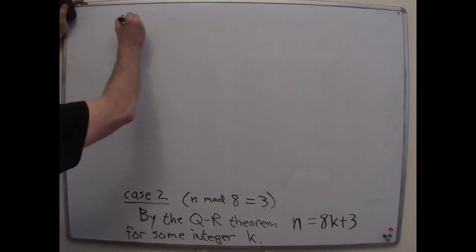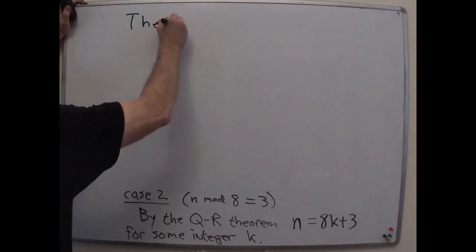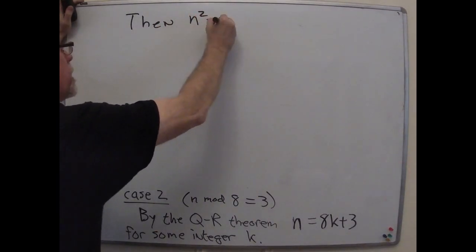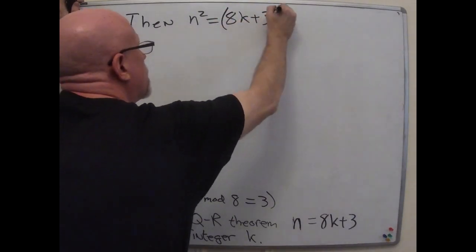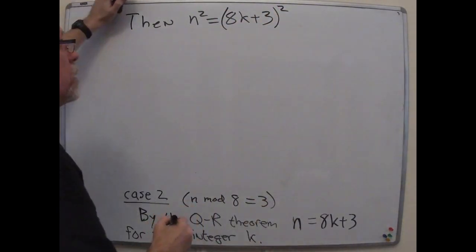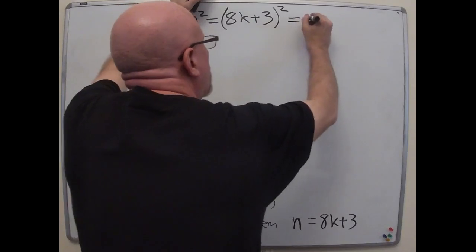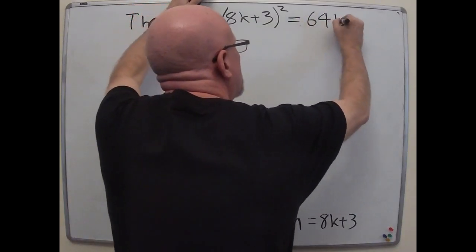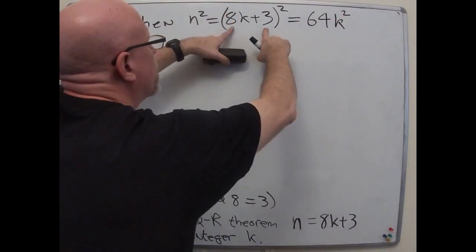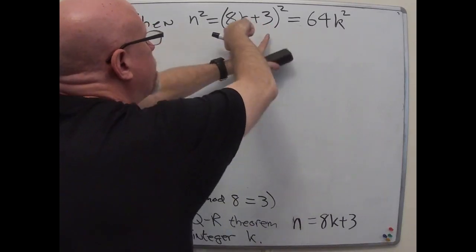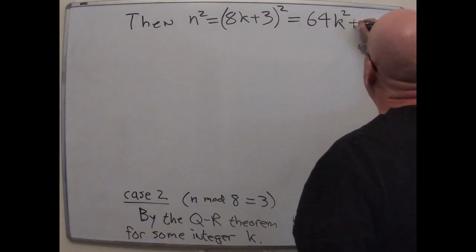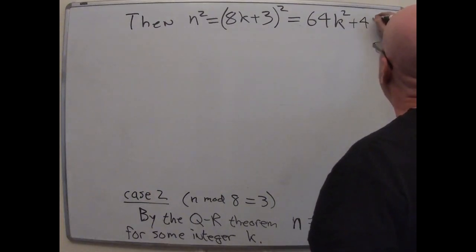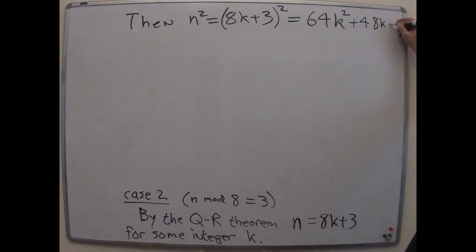Well, n squared is equal to 8k plus 3 squared, which is equal to 64k squared first. Outer times outer is 24k. Inner times inner is also 24k. That's 48k. And then there's a plus 9.